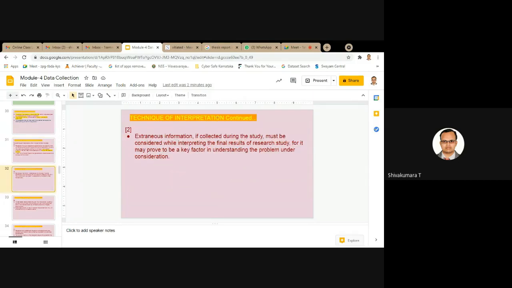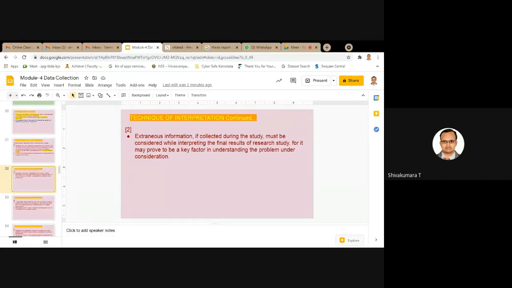The second technique of interpretation is extraneous information. As I said, in the interpretation process, if any extraneous variable is not visible to you directly, while interpreting such kind of extraneous information, you must be very careful to consider them in your research study.